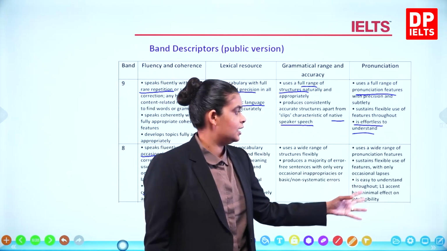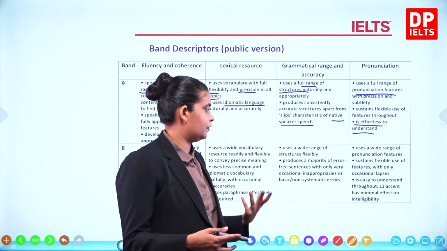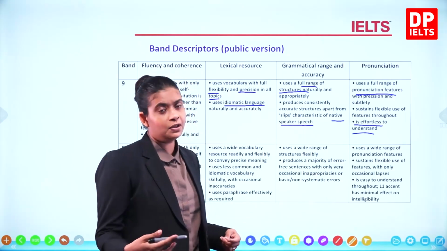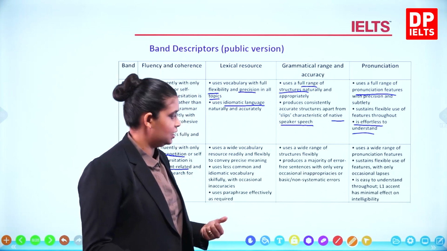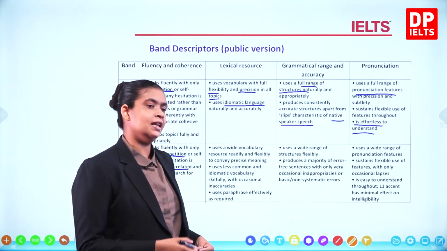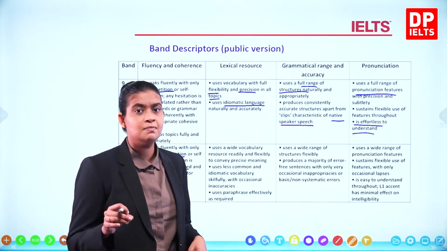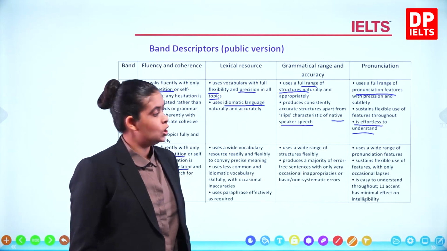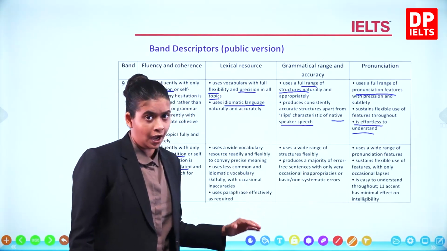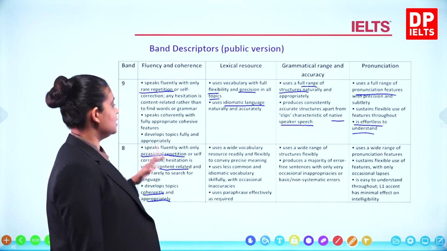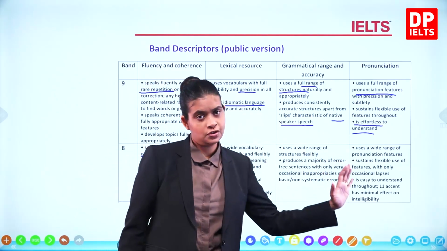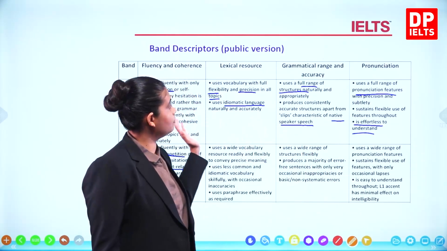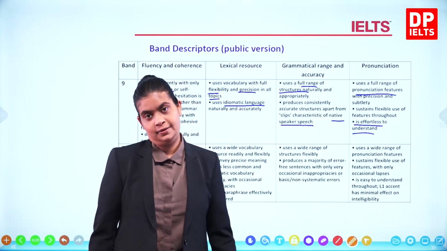Pronunciation also is that you have a flexible use of the features, right? There might be occasional lapses, but it's easy to understand, and L1 might have a minimal effect on understanding the language. So if you have 8.5, it means that you have all the features of 8 and some positive features of 9.